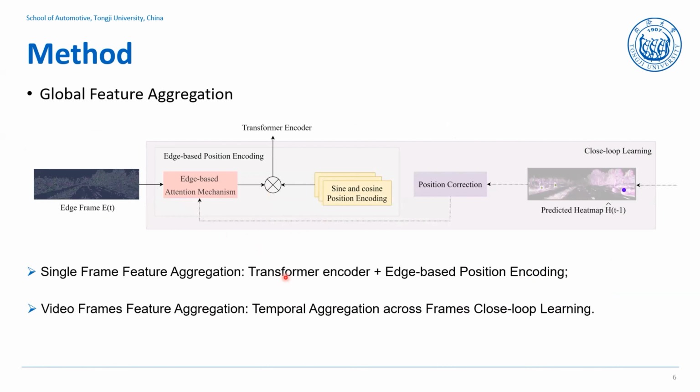In global feature aggregation, we use the transformer encoder to capture long-range dependency from a global view, and we use edge-based processing encoding in single frame feature aggregation, and we use a closed loop learning module in video frames feature aggregation.